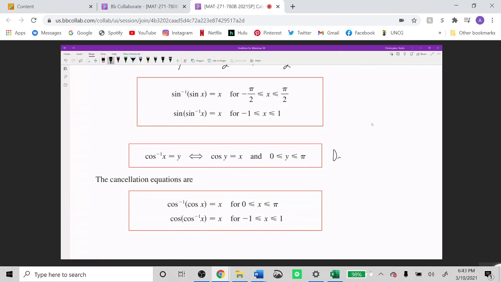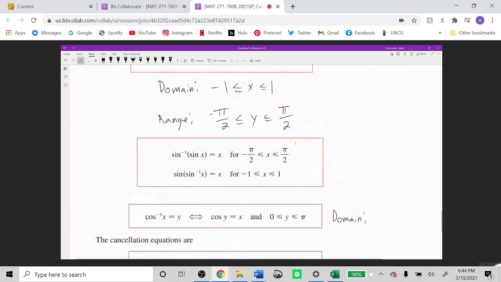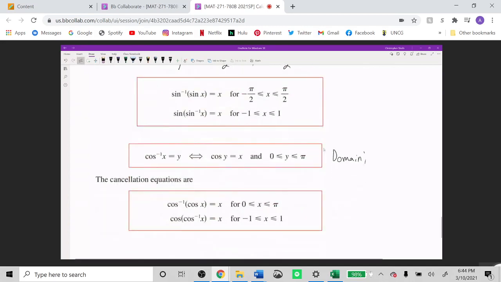This is telling you that for the inverse cosine function, the acceptable inputs are going to be between negative 1 and 1.